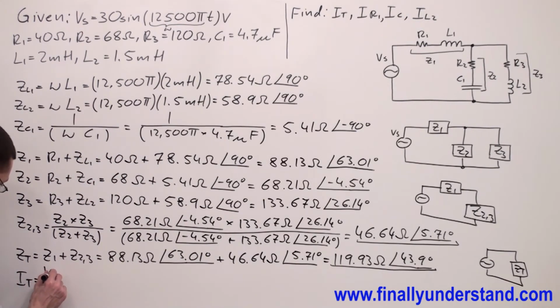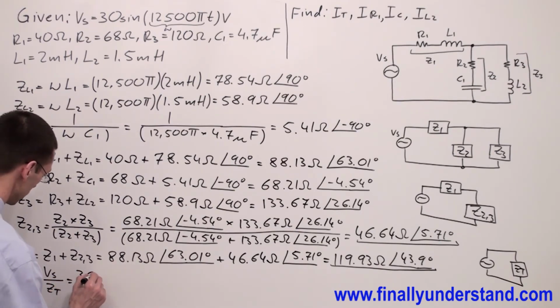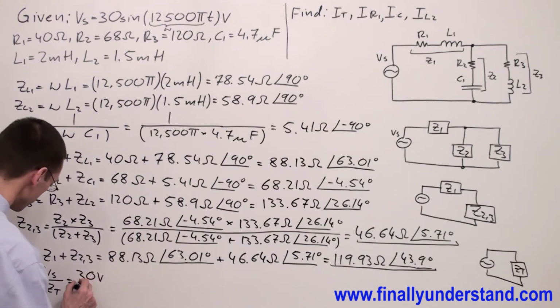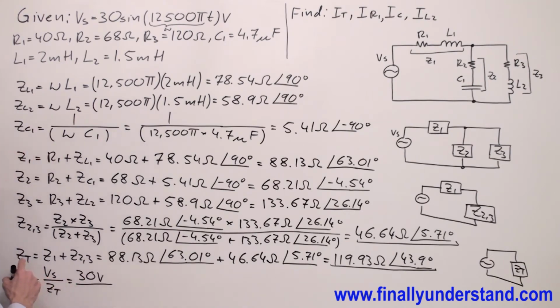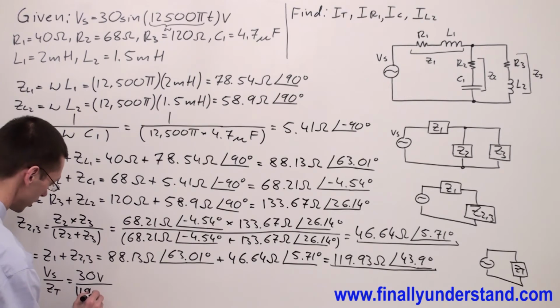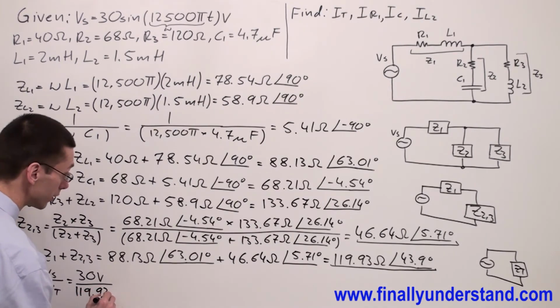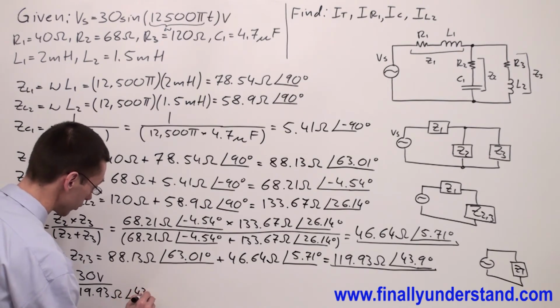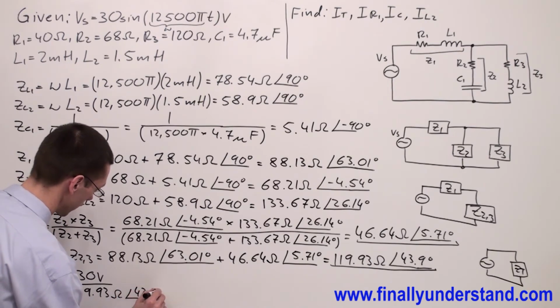So I have voltage source over Z total in order to find I total, where voltage source is equal to 30 volts and angle of 0 degrees over Z total, which is equal to 119.93 ohms and angle of 43.9 degrees.